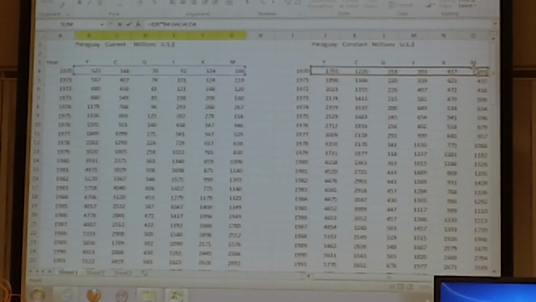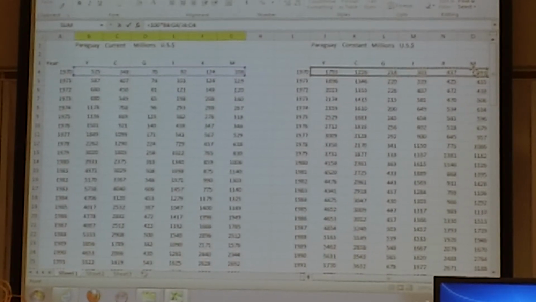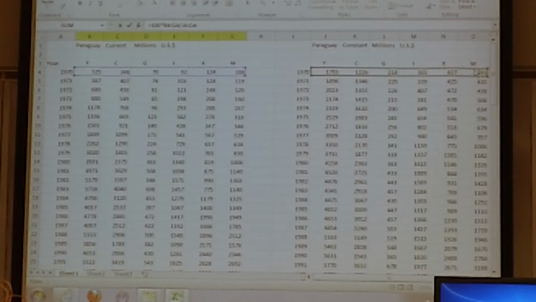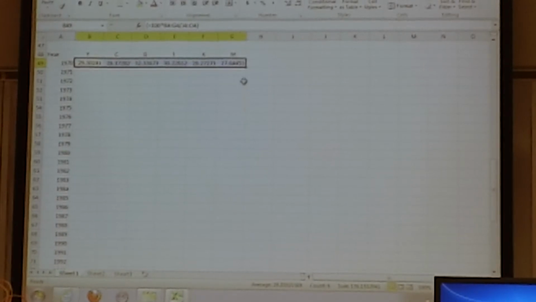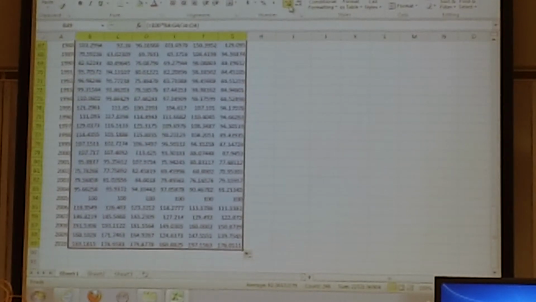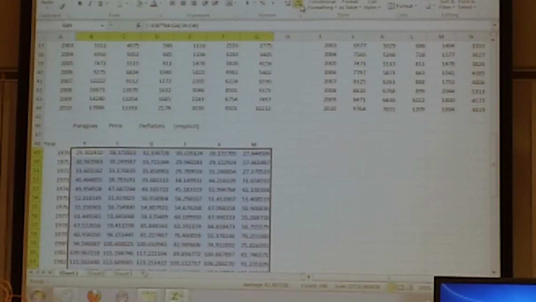Everybody see that? Now we can Control Shift, Control Shift. And now we drag this down. And we'll reduce this to 1 decimal.